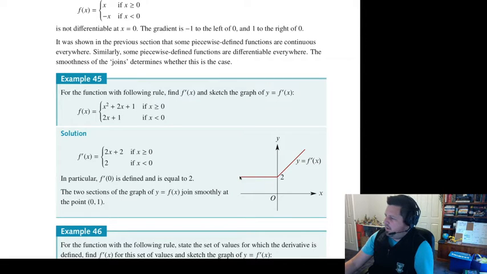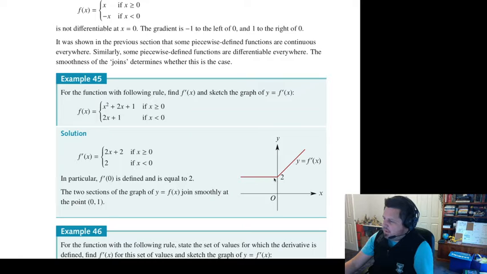Yep, and you can see to the left of 0, so less than 0, it's going to be just a straight line, 2, and here where it's greater than or equal to 0, we've got the straight line going up for 2x plus 2. Cool. And in this particular case, you can see that when x is equal to 0, the derivative is actually defined and it's equal to 2. You should be able to see that there quite well. It's where that cuts the axes.